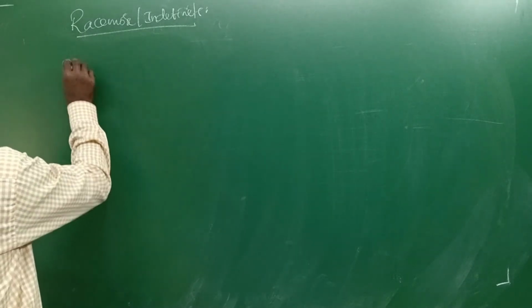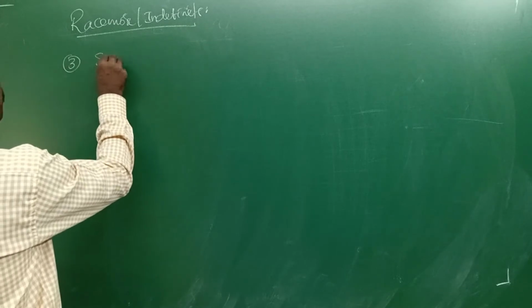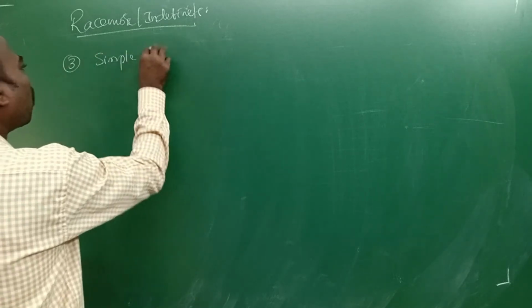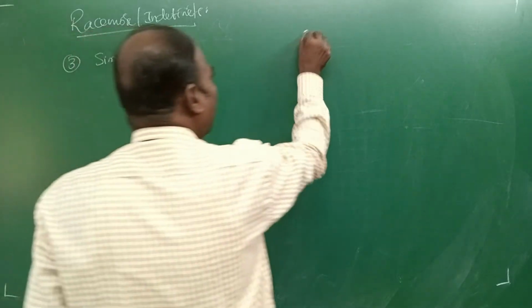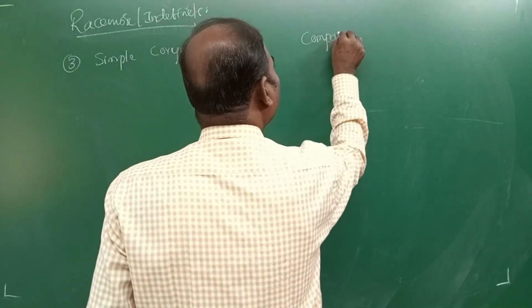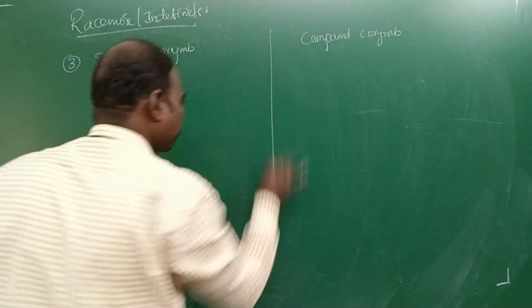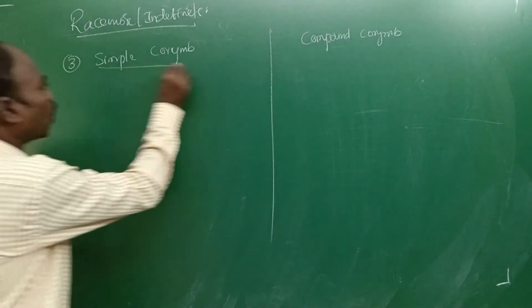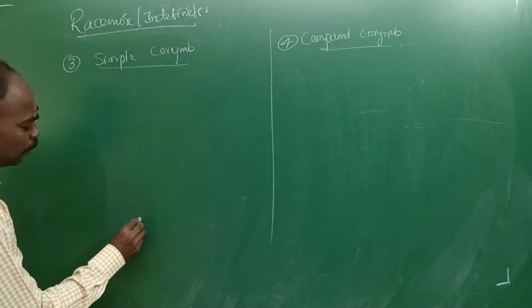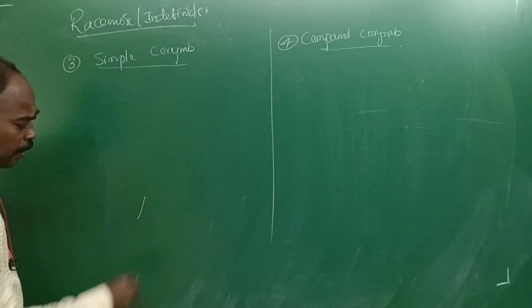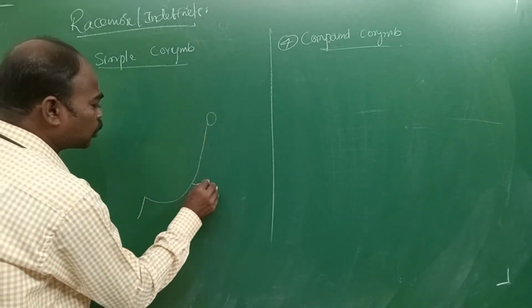Simple corymb and compound corymb. What is a corymb? Here, the peduncle grows continuously, producing different lengths of pedicels.